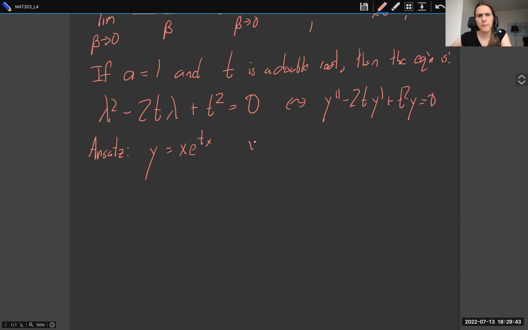Then what is y prime? This is with respect to x, not with respect to t, so t is just a number.